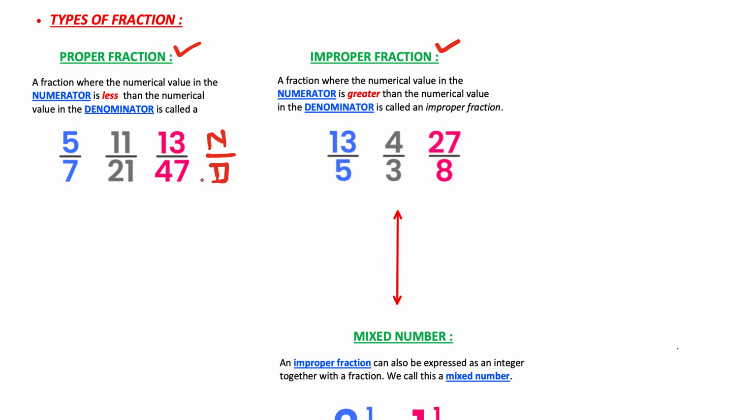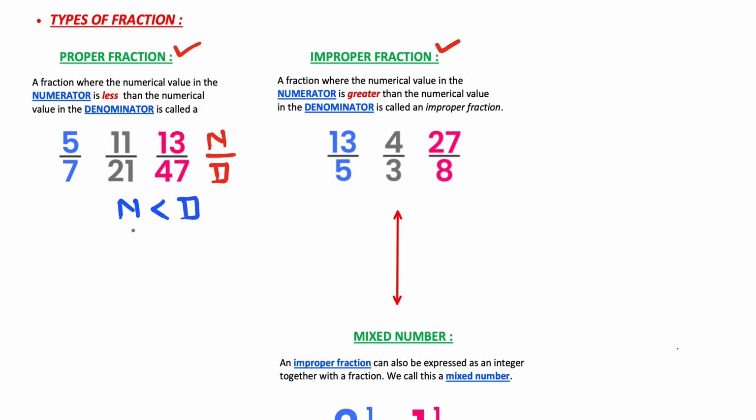So now you can easily notice that there is something special about the numerator and denominator of a proper fraction. What is that special thing? If you notice in detail, the numerators of these fractions are lesser than the denominators. So I can write: numerators are lesser than denominators.